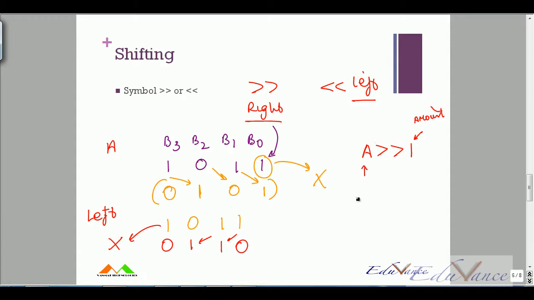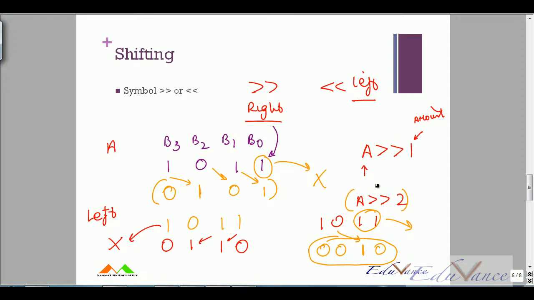So if I would write A right shifted by 2, then if I have 1, 0, 1, 1, and I right shift this by 2, effectively these two guys fall off, these two guys come in their place, 1, 0, and in effect I have 2 zeros here. Again, this is right shift, the same logic can be applied to a left shift.